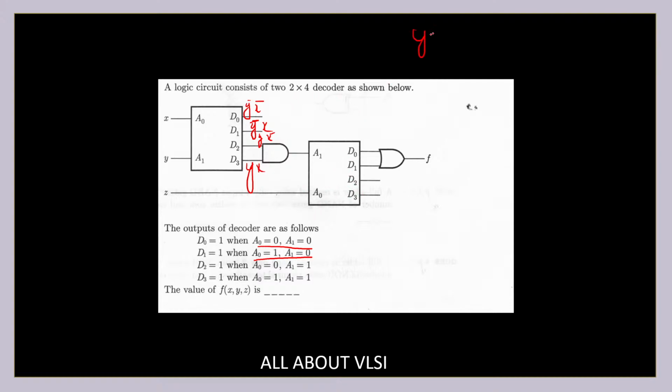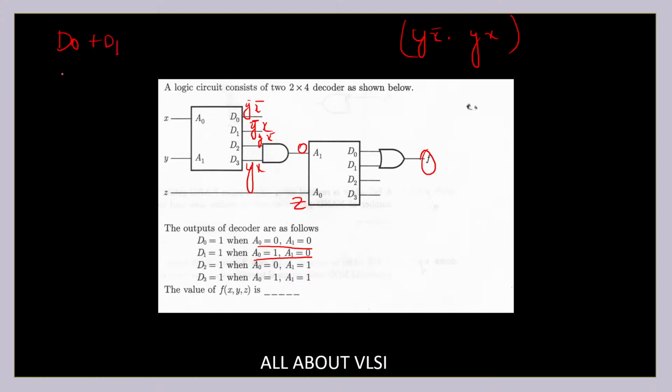And yx bar into yx we have. So this is the thing which we are going to have, and we are going to get 0. Yx bar into yx is equal to 0. So this will be fixed to 0, and we are going to have z, and we need to find out f. So f is the addition of D0 and D1.